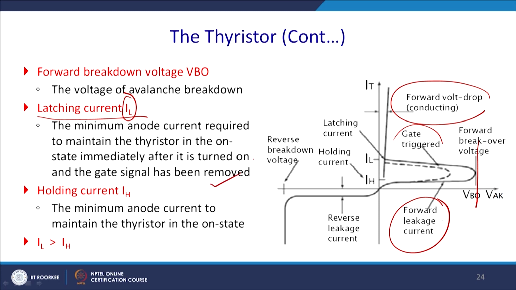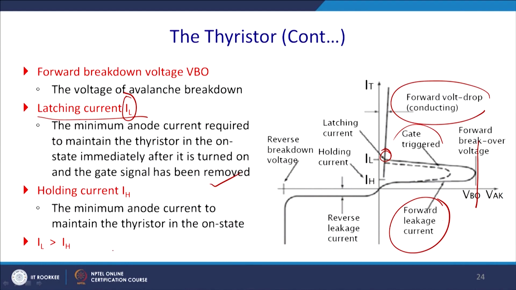In the same way, holding current. What is holding current? It is the minimum current the thyristor must carry to stay in conduction mode. That is called the holding current, and it is associated with keeping the thyristor on. If the current is above the holding current, the thyristor will stay in forward conduction mode.